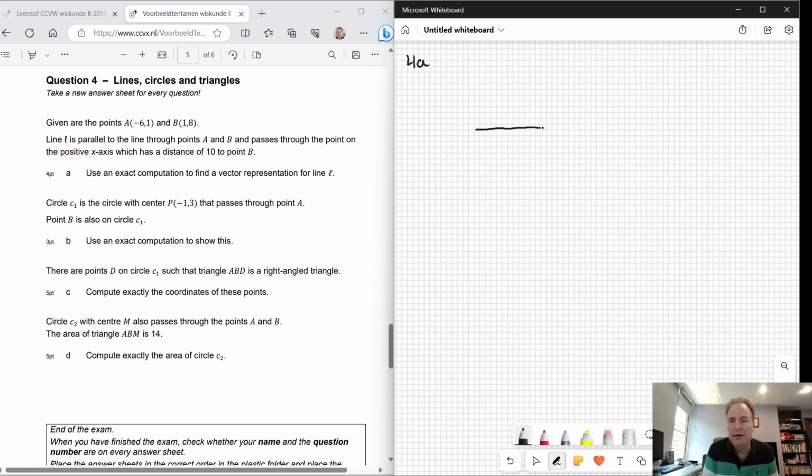Let's have a set of axes, and A is minus 6, 1, somewhere here, and B is 1, 8, roughly here.